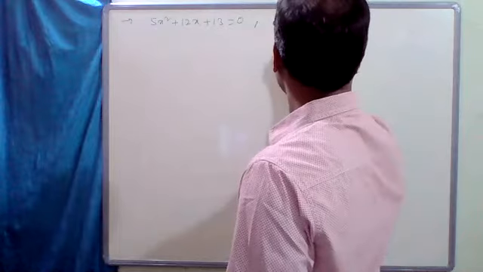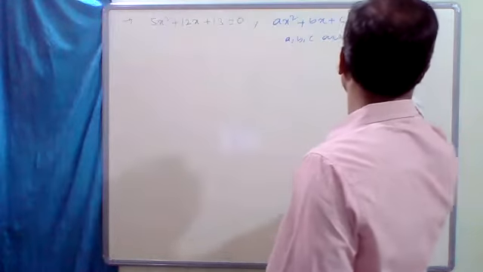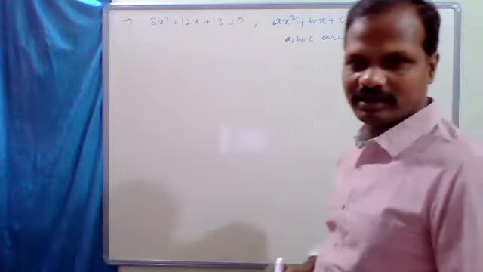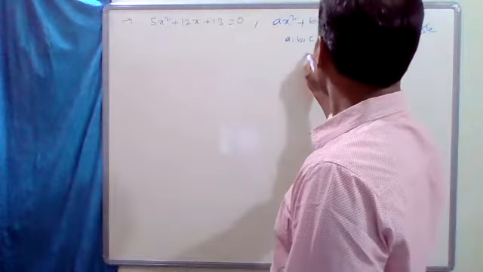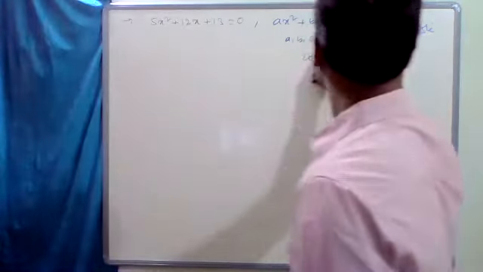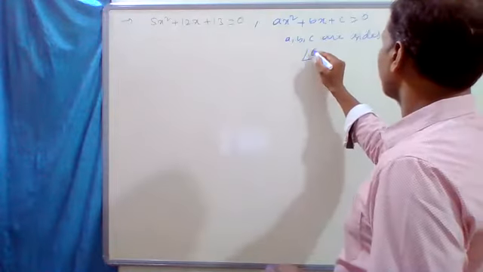Where a, b, c are sides of a triangle, find angle C.